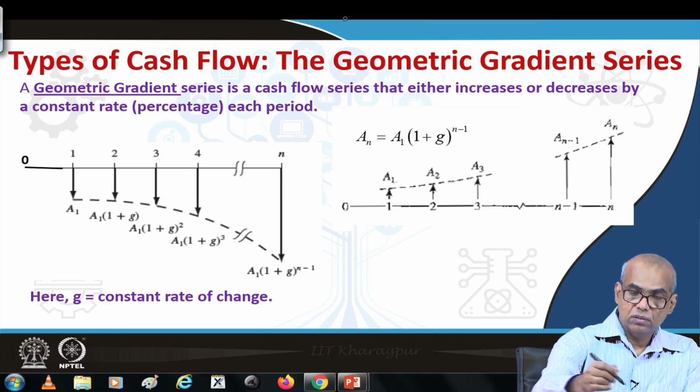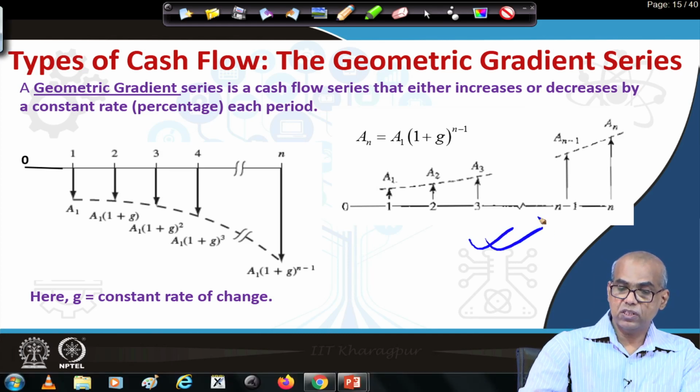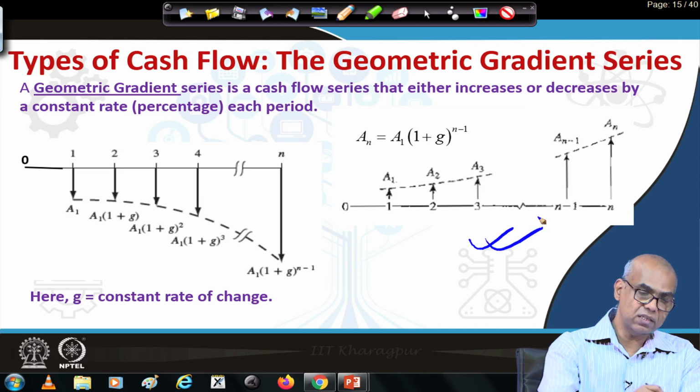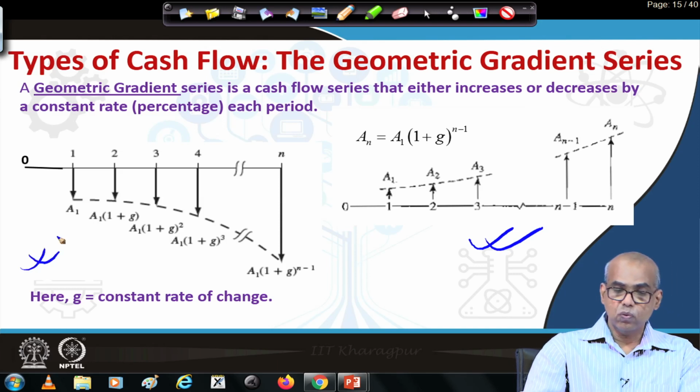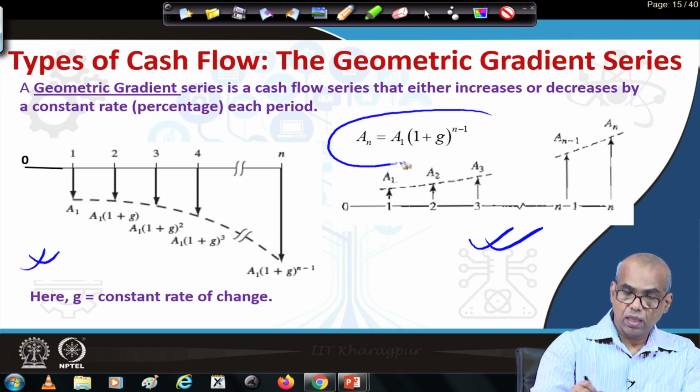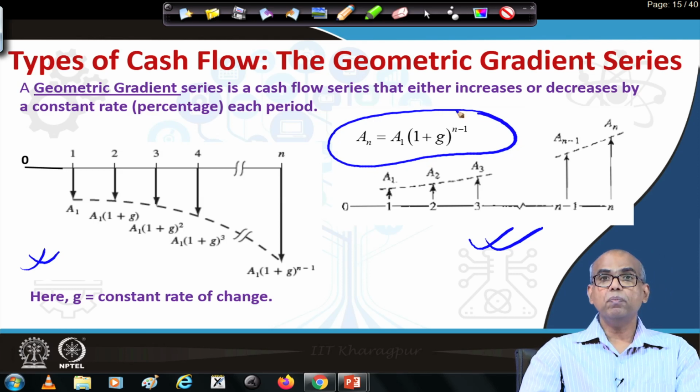Let us look at this series which is increasing and this series which is decreasing. The value of contribution at year n, A n, will be A 1 into 1 plus g to the power n minus 1, where n is the number of years.